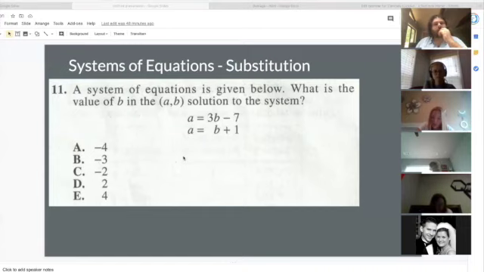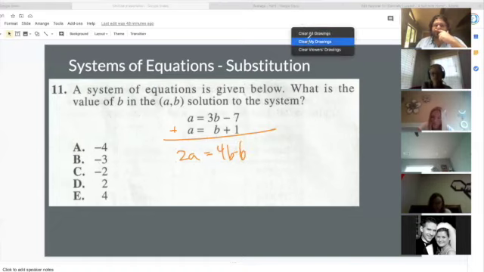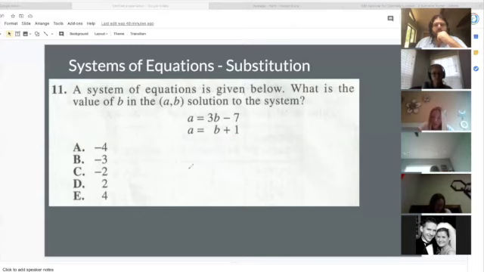You didn't add the two equations because you would have gotten 2a equals 4b plus or minus 6. No, I multiplied the second equation by -3. Okay, -3. That will totally work.